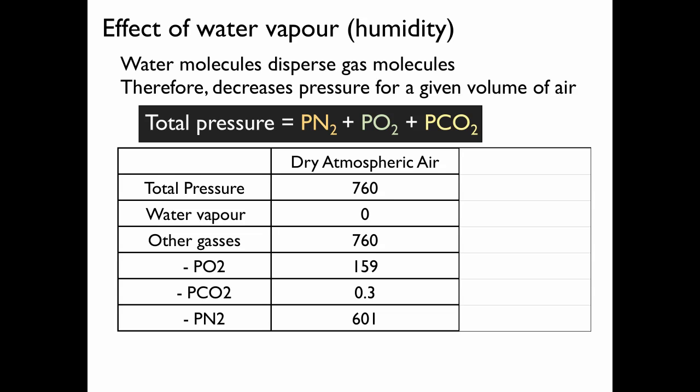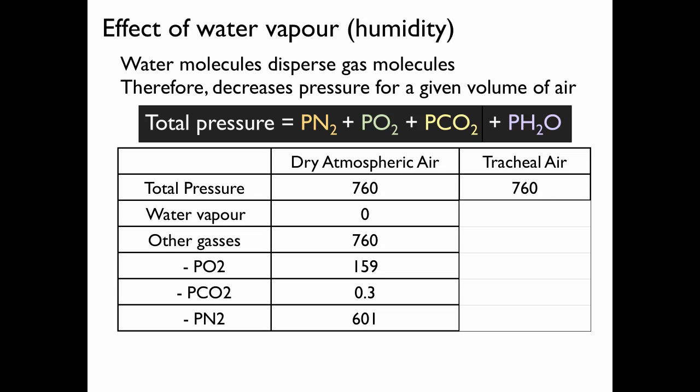But we know that water molecules displace gas molecules, and therefore there's going to be a decreased pressure for all three of these gases for a given volume of air. For example, in the trachea, the atmospheric pressure is still going to be 760 millimeters of mercury, but we've added water. The water vapor is going to contribute about 47 millimeters of mercury of pressure.